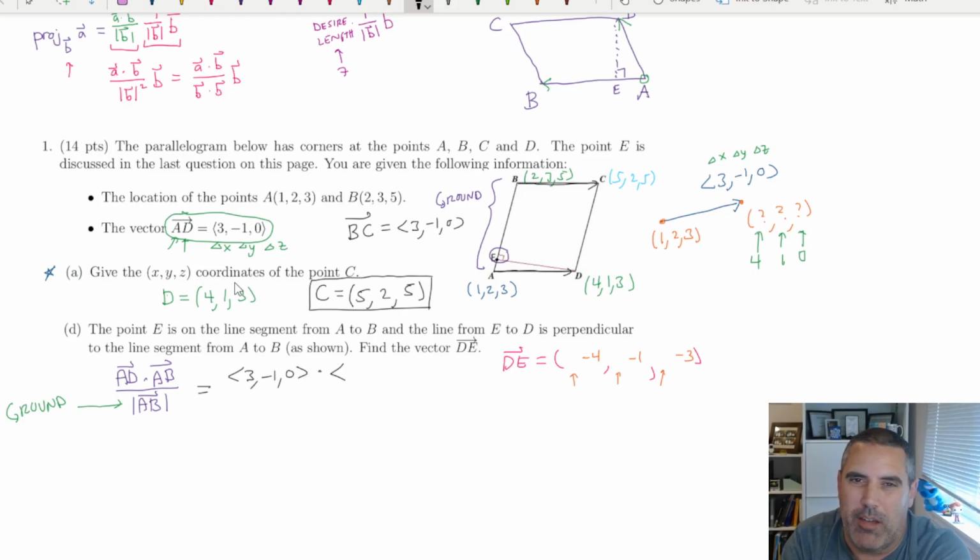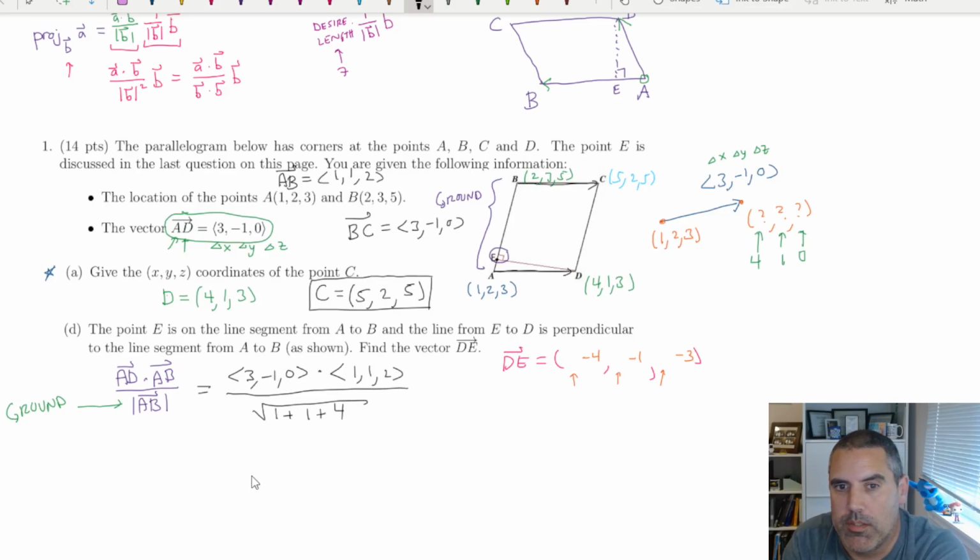Now, AB I don't have. I think you got it earlier in an earlier part of that particular question, but I'll write it up here. AB, B minus A, is 1, 1, 2. And I'm projecting onto AB, so this is going to be the square root of 1 plus 1 plus 4, square root of 6.